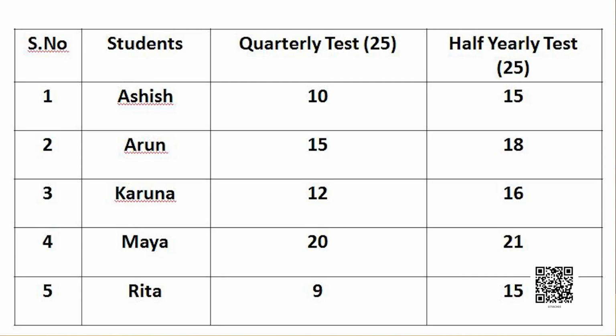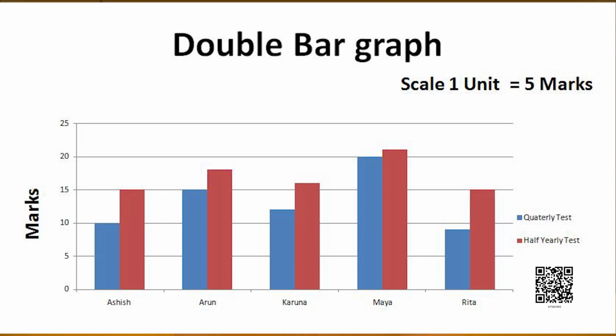You see the scores of 5 children: Ashish, Arun, Karuna, Maya, Rita. Quarterly they had different scores and half yearly they had different scores. Now you can see in the table also, I have drawn a graph. I took a scale of 1 unit equal to 5 marks, and on the x-axis I have written their names, and on the y-axis I have taken the marks.